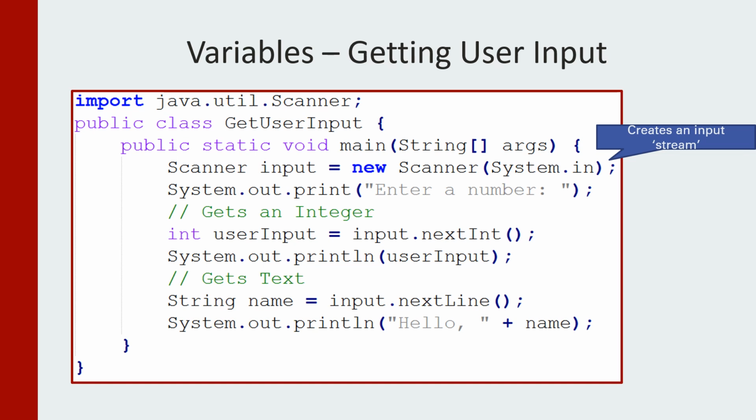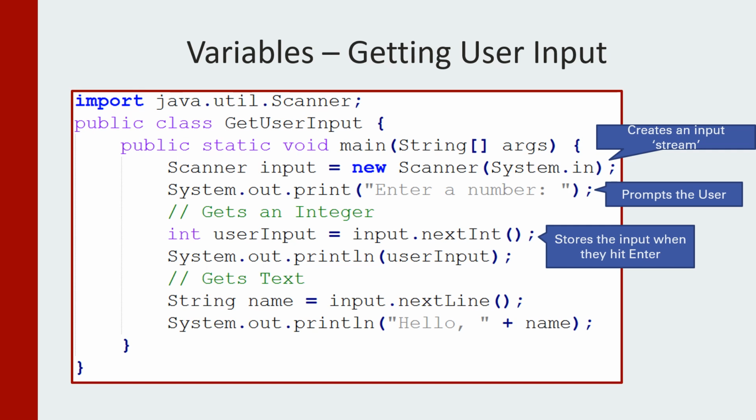we created a new scanner by having new Scanner, and then in parentheses we put System.in, and then we were able to store the input from the user. You could use things like nextInt or nextLine, whatever was appropriate here to get user input.